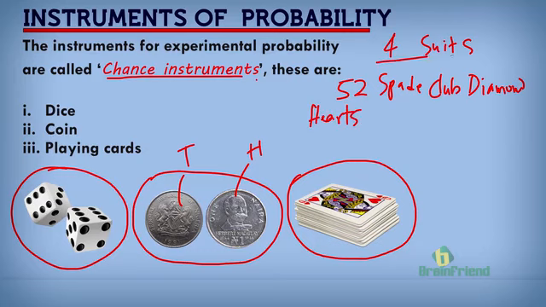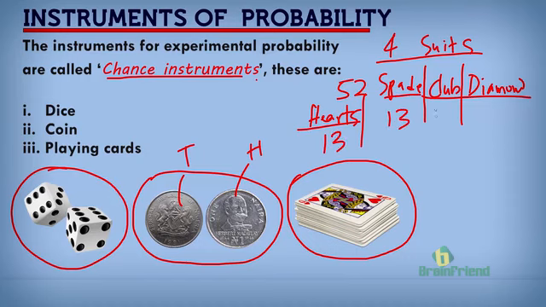Each of these suits, like we've listed, have 13 cards each in them, which, when summed up, gives us 52. So in a deck of cards, you have 52 cards within them.